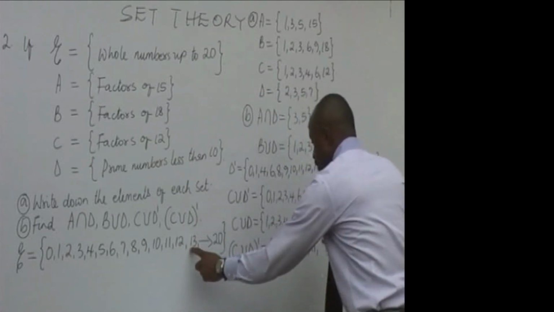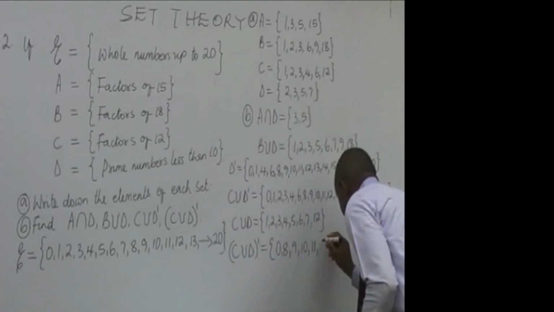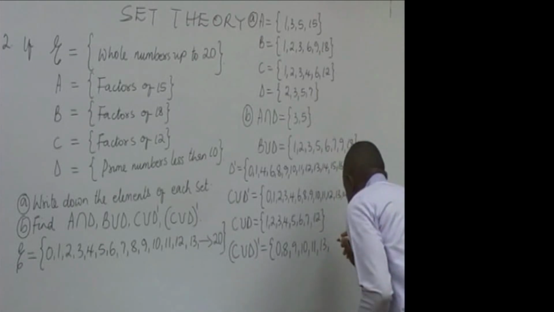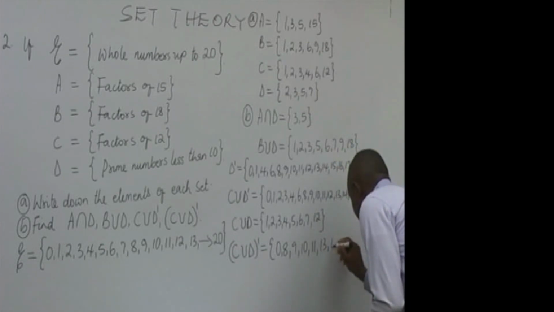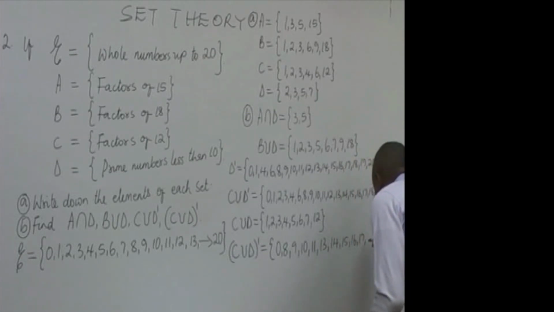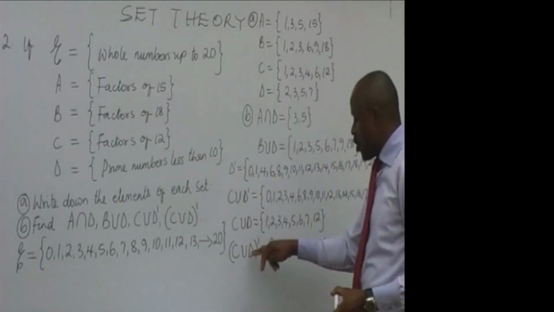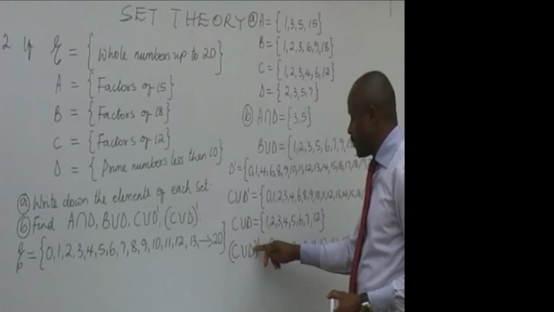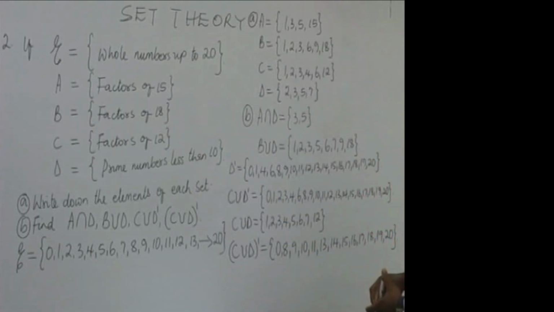Jump 12, then from 13 till 20 is the remaining members: 13, 14, 15, 16, 17, 18, 19, and 20. So these are members of C union D prime. And that has brought us to the end of question number 2.